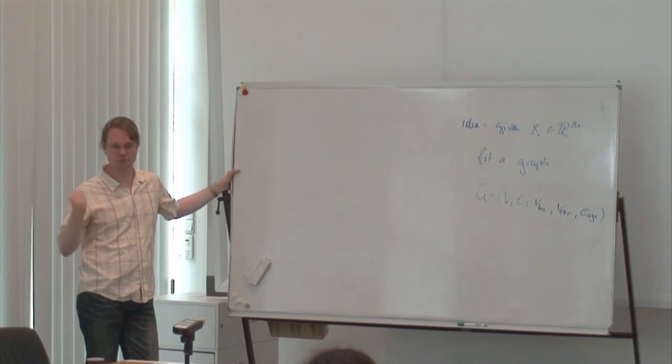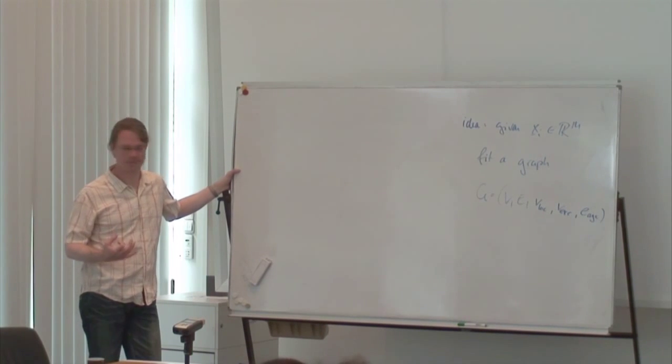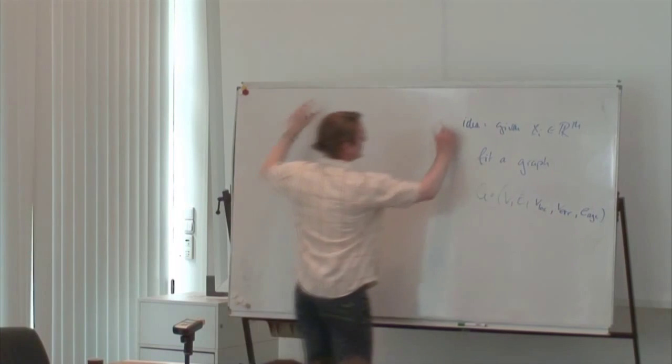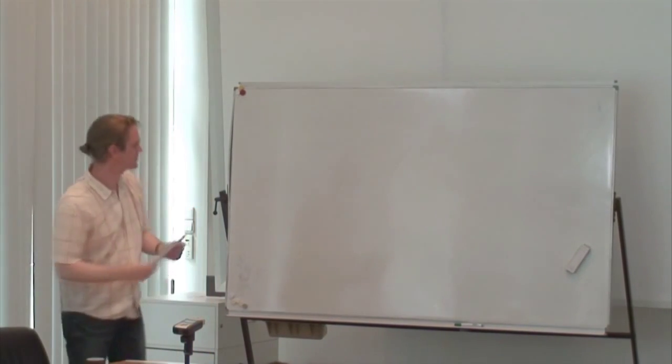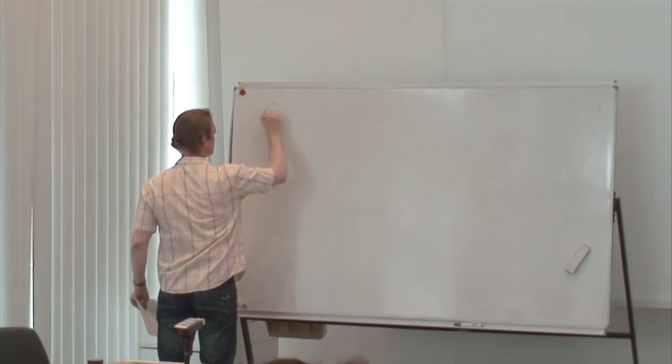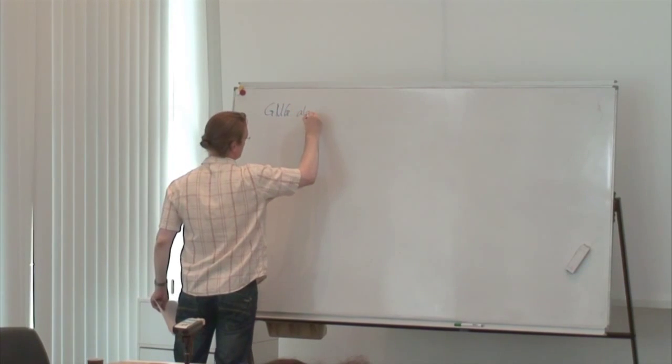Here the idea is to learn the graph structure and the topology at the same time. And therefore, the initialization is slightly different. So here is the growing neural gas algorithm.